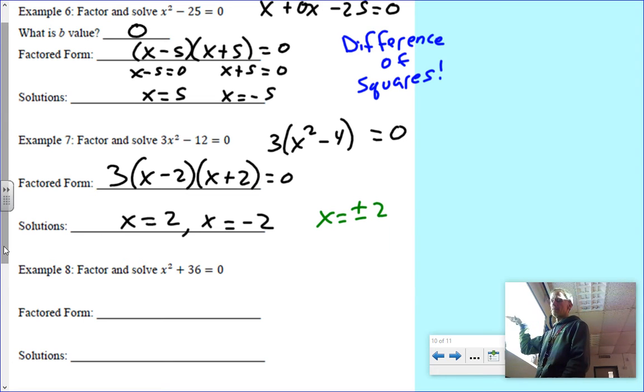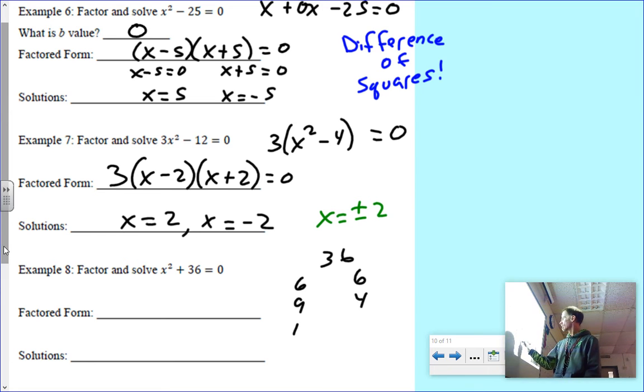This cannot be factored because to get positive 36, we'd have to do x plus 6 and plus 6, or 9 and 4, or 1 and 36. But if they're all positive, that doesn't add up to be 0 for the middle term. If they're all negative, it still doesn't add up to be 0 in the middle term. So this is not factorable.